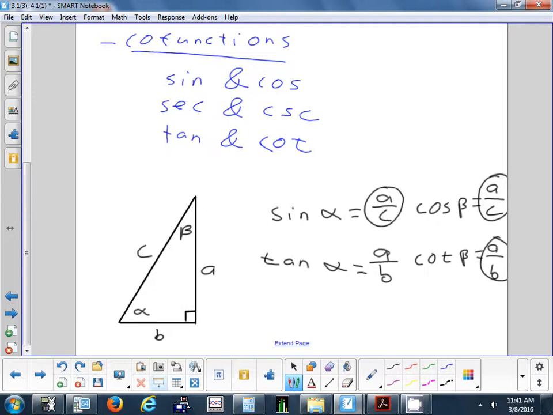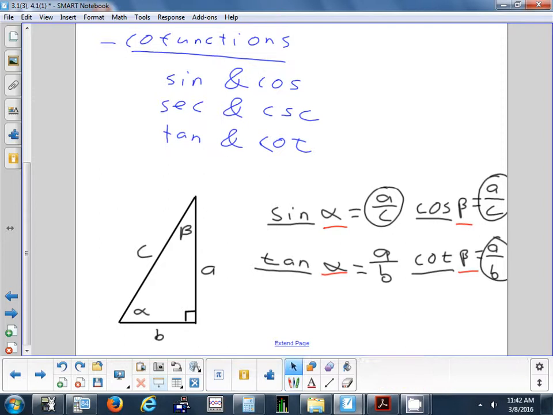What's the relationship between sine and cosine? Same relationship as tangent and cotangent. They're cofunctions. And what's the relationship between alpha and beta? What kind of angles are they? They're complementary.